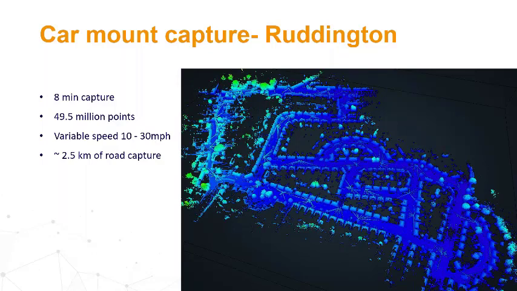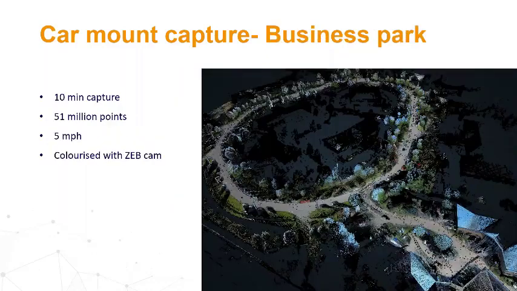You see a capture of about 8 minutes with some 50 million points with a variable speed between 10 and 30 miles per hour, capturing about 2.5 kilometers of the road. So within 8 minutes, it's a nice area to cover.